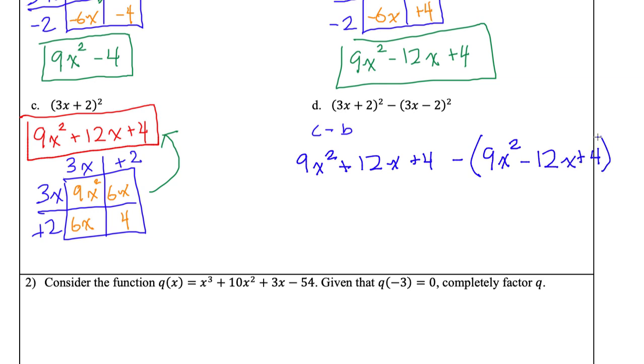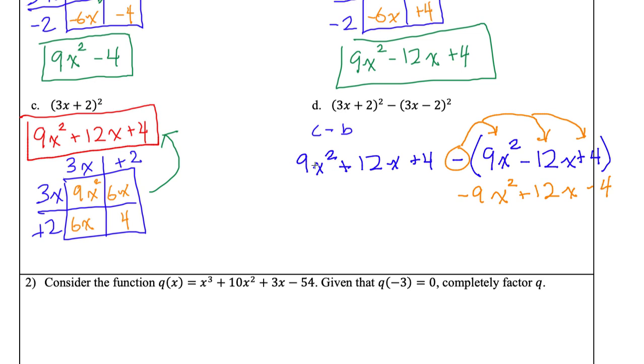Whenever you subtract polynomials, remember to distribute your negative. This negative right here is going to be distributed into each of these three terms, which means I'm really doing minus 9x squared plus 12x and minus 4.